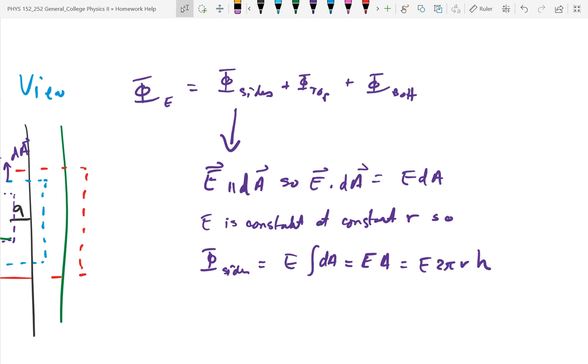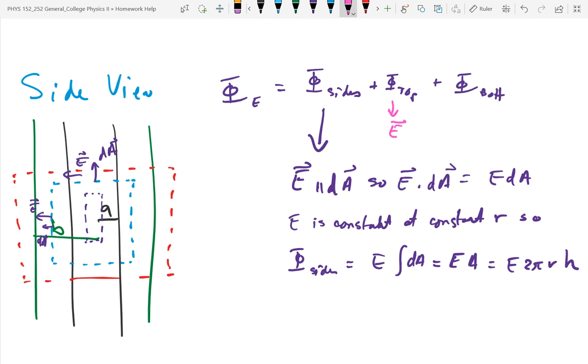What about on the top? What's the relationship between the electric field direction and the area direction on the top? So what's E dot dA then?